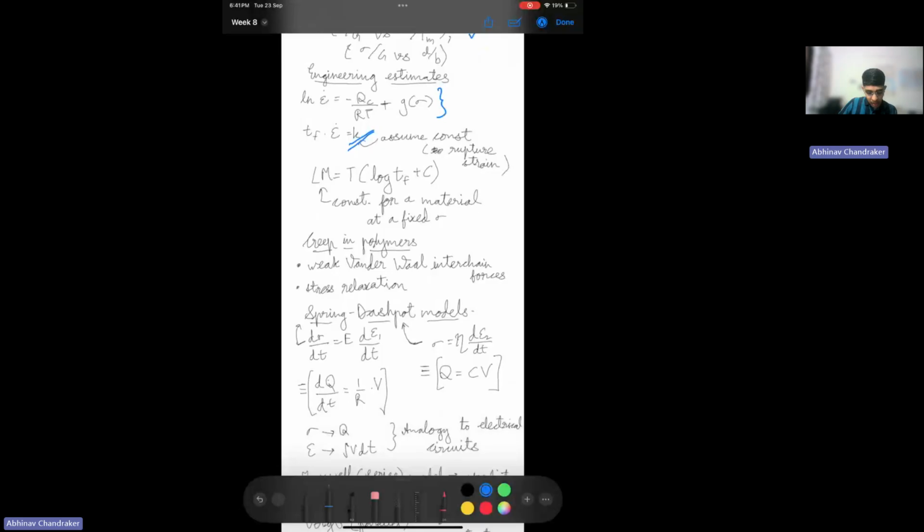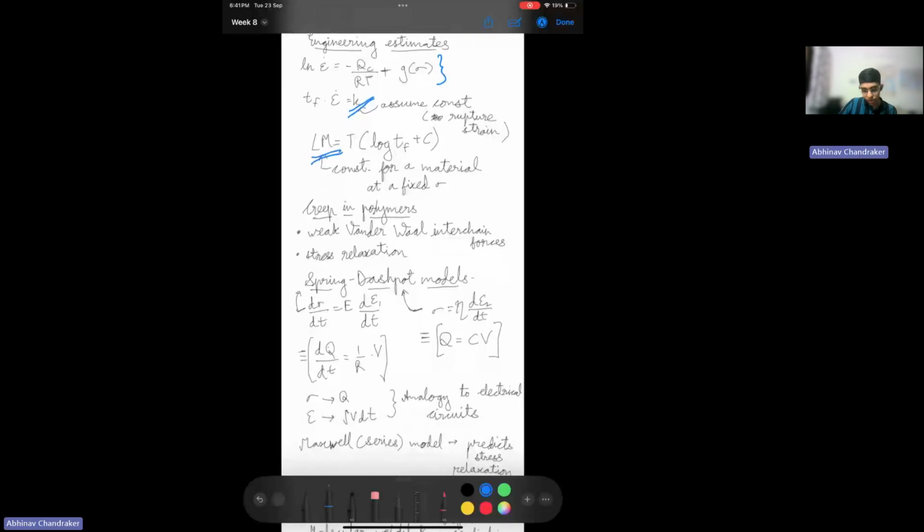This is basically the previous two equations combined together, which tells you that for a constant value of stress, the time to failure and temperature will have this kind of relationship, and there will be a constant involved called LM, which will depend on the material.